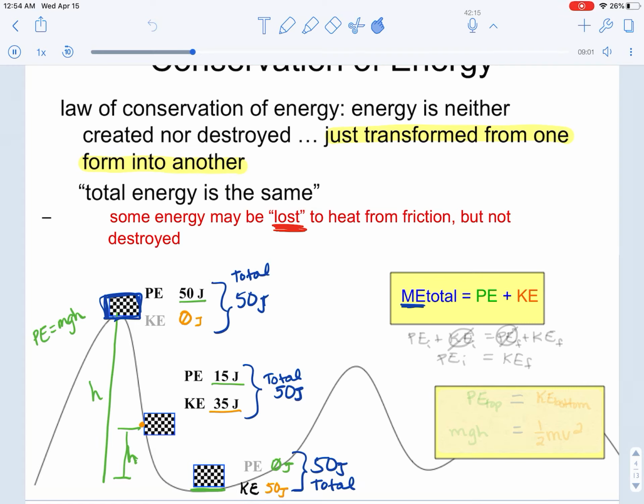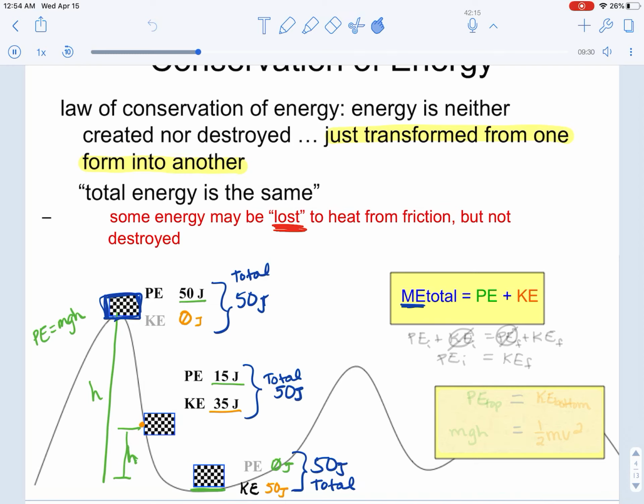Okay? So conceptually speaking, we need to understand that my potential energy at the absolute highest point, assuming that my object has 0 kinetic energy there because it has a velocity of 0, is my total amount of energy. When my object gets to the absolute lowest point, it has lost all of its height, it has lost all of its potential energy.